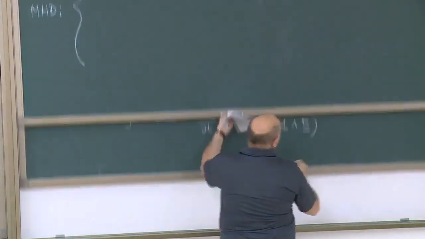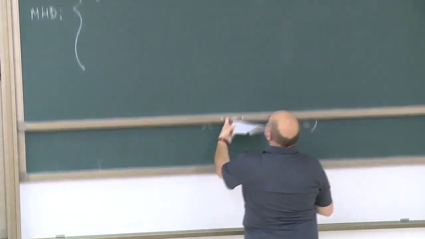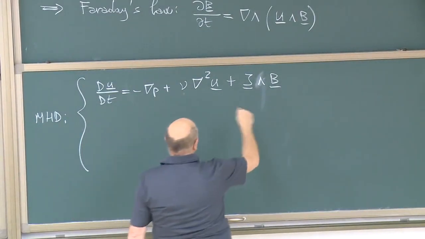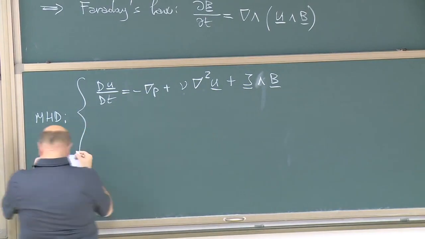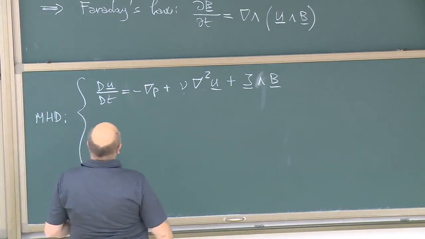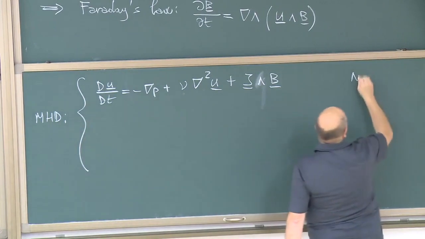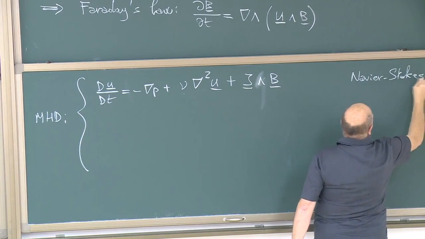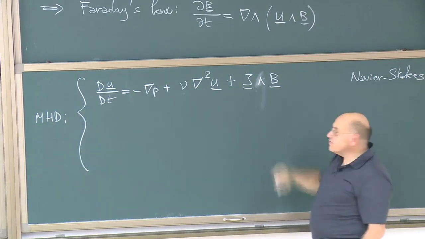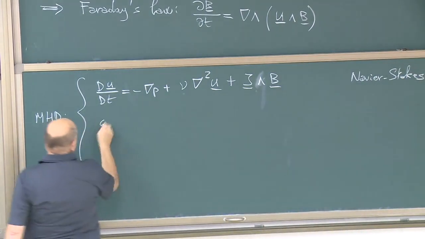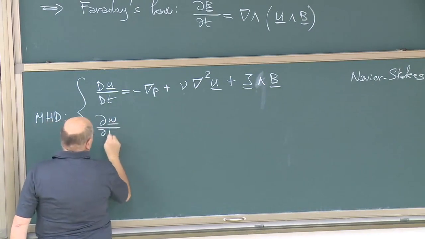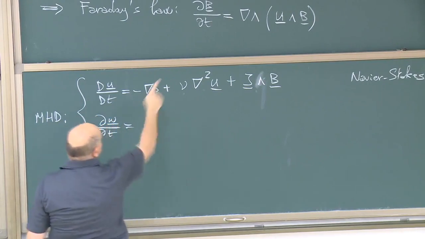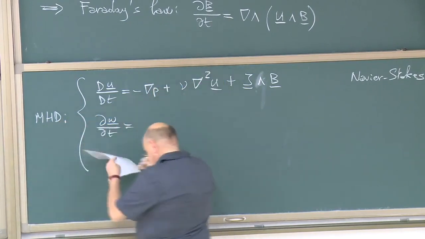I want to put the wedge as much as I can so that you understand. I'm sorry, I get confused. I use the cross, but on the blackboard it is bad to use it. All right, so this is Navier-Stokes in MHD, with the Lorentz force. Then we have vorticity, d omega/dt. Let me write it in this way because I want to recall this structure.